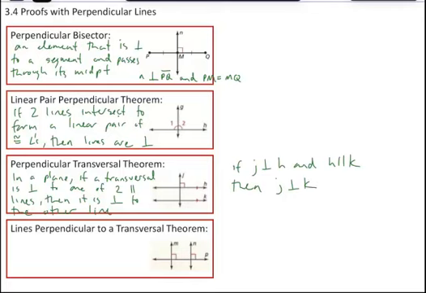And then the final one is a similar type of relationship, just has a slightly different take on it. If you're working in a plane, and if you have two lines that are perpendicular to the same line, then those lines are parallel to each other.